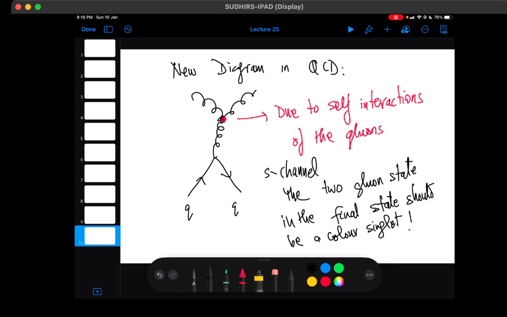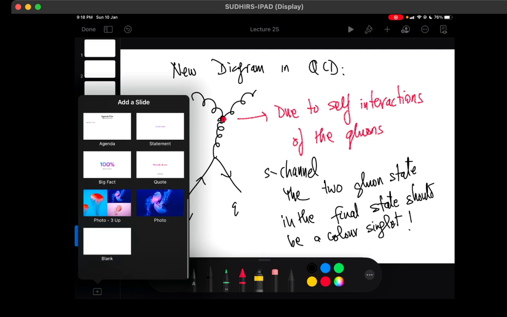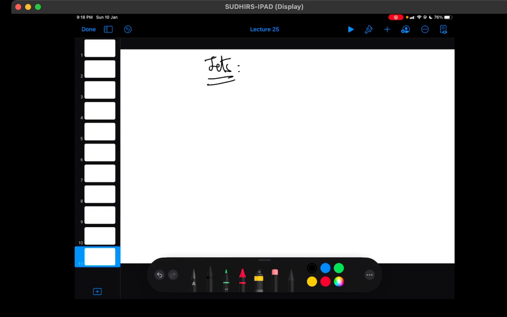And what is this idea of hadronization? This goes under the concept of jets. Let's do the same analysis which we have seen.